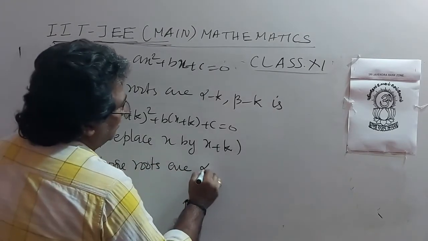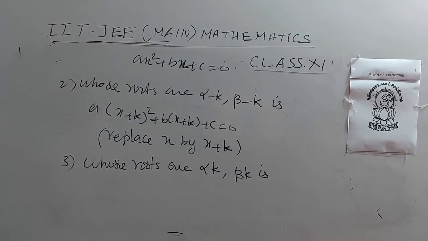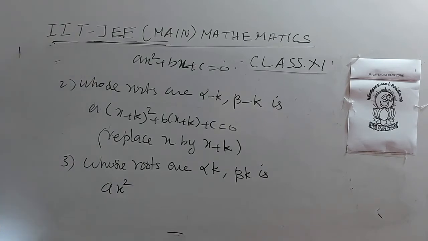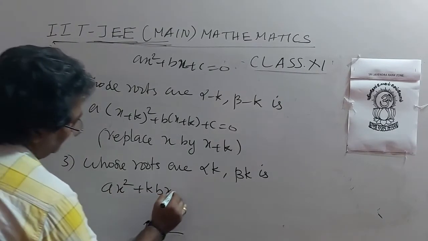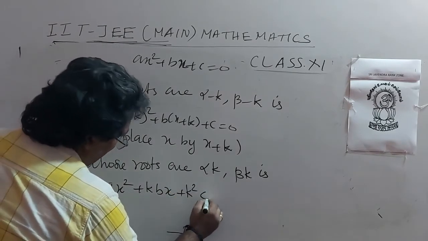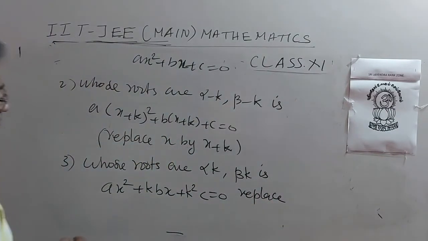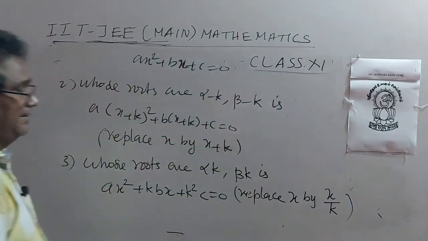Whose roots are alpha k, beta k, that is, the roots are multiplied by the constant k: a x squared plus k b x plus k squared c equal to 0. Replace x by x by k.